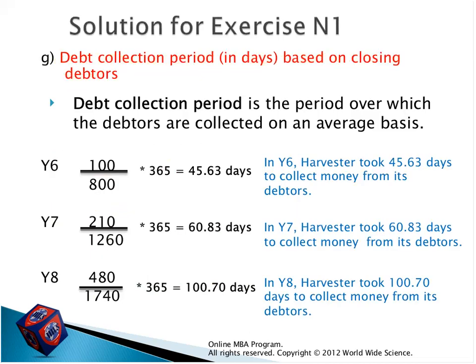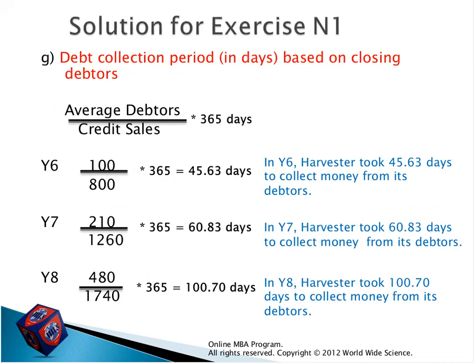Let's see the calculations. The formula for the debt collection period is the average debtors divided by the credit sales and multiplied by 365 days. As this is asking to make the calculation based on the closing debtors, we have to take the closing debtors. But if you have just the item called debtors in your statements, just take your debtors, okay?